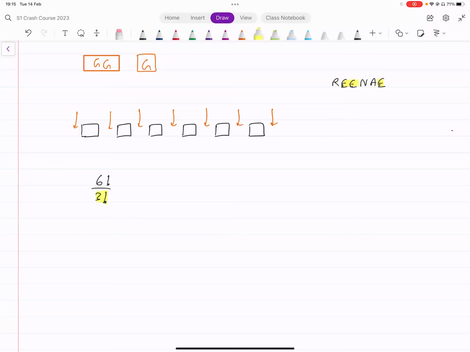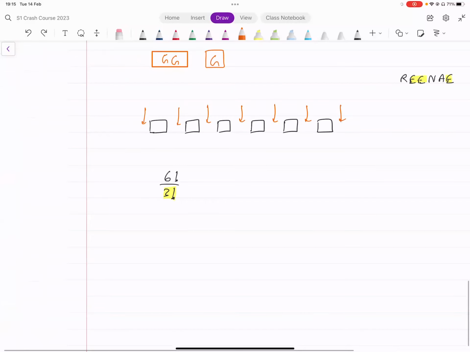And now, once you have arranged these 6 letters, you've got 3 G's left. Out of those 3 G's, 2 have to be together. We have put them in a single box. And 1 G separately. Now, these 2 boxes can be placed in these 7 positions.